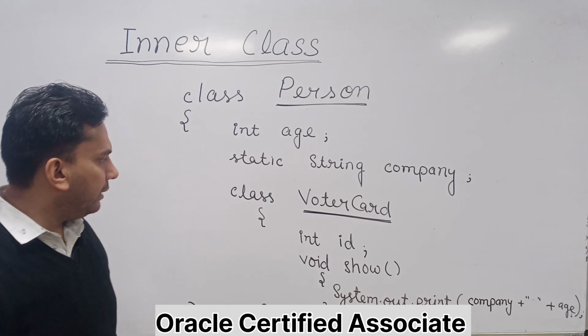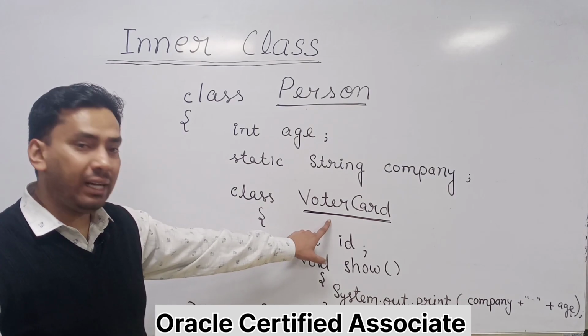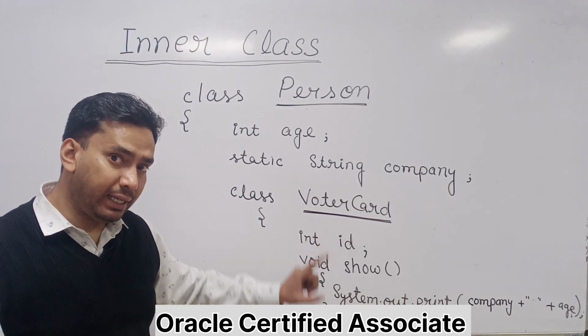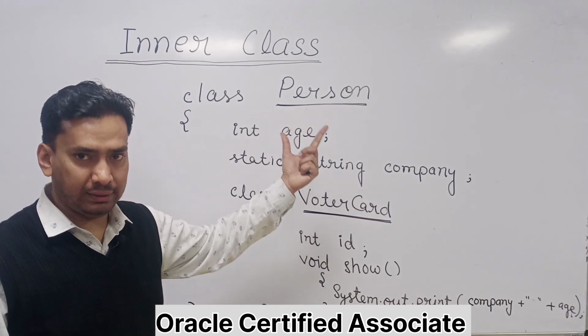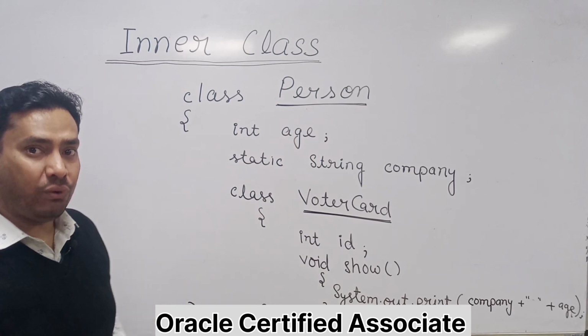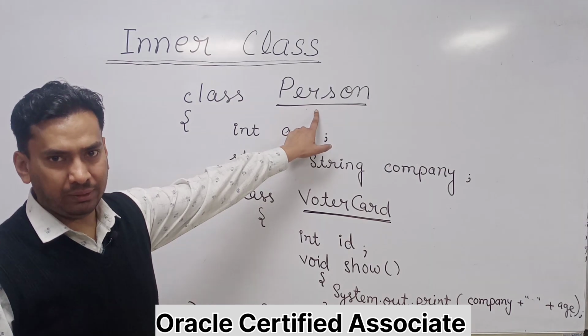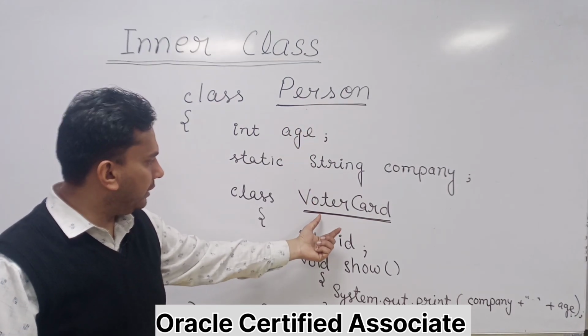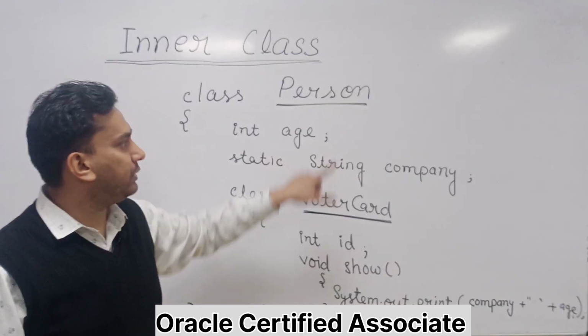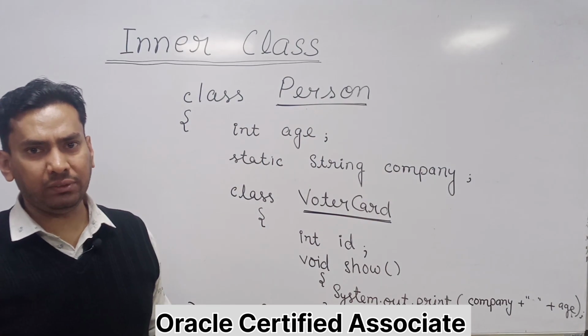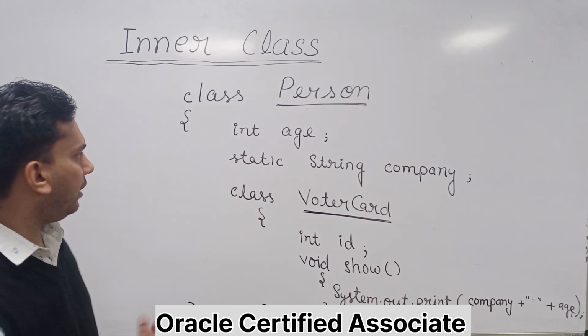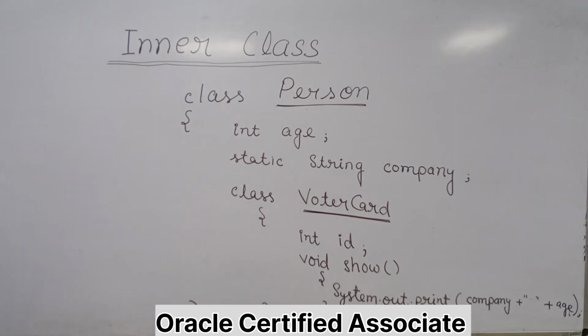As I told you, the object of the inner class will be created inside the object of the outer class, and that's why it enforces you to create the object of the outer class first. So if you want to create the object of VoterCard, first of all you have to create the object of the Person class.